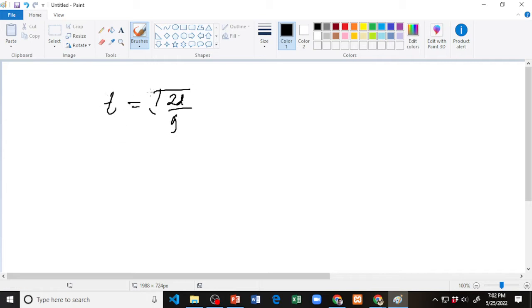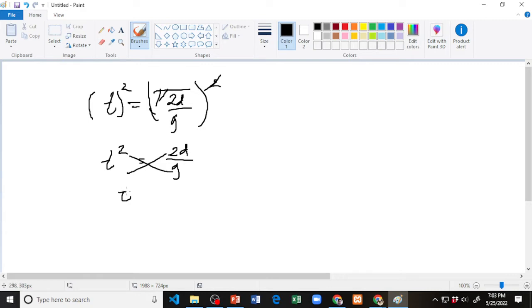Well, the first step is to remove the radical. So raise both sides to the power of 2. All right, so that will cancel out. And then you're going to have t squared is equivalent to 2d all over g. And then cross multiply. All right, and then you're gonna have t squared all over 2g is equivalent to d.